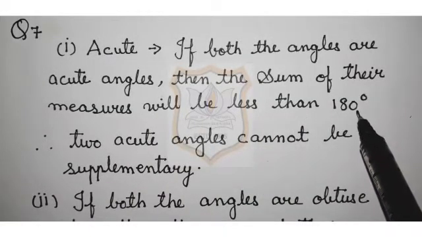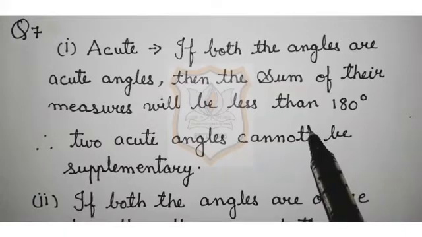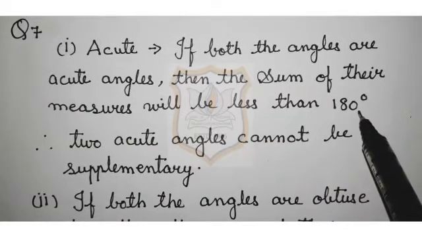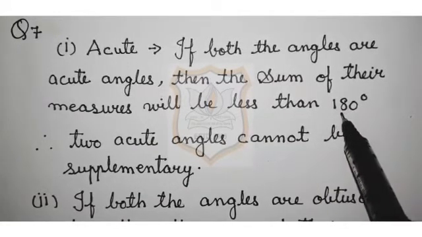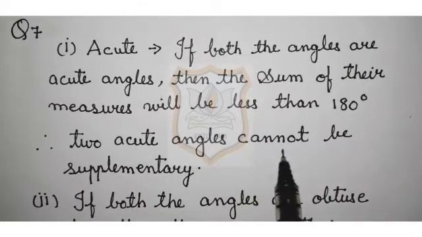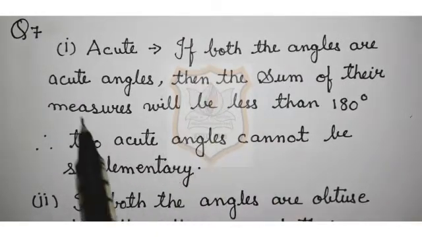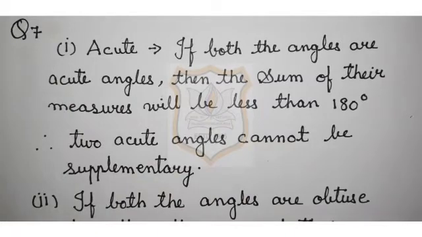And for supplementary angles, their sum should be 180 degrees. Therefore, two acute angles cannot be supplementary. So, by giving the reason, in this way you have to write the answer of the first part of question number 7.